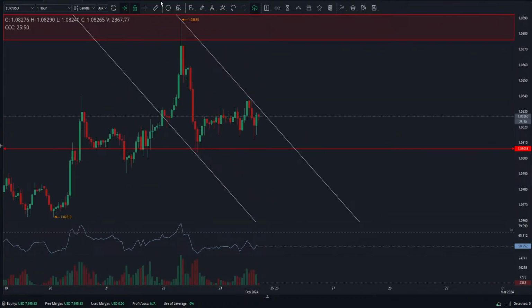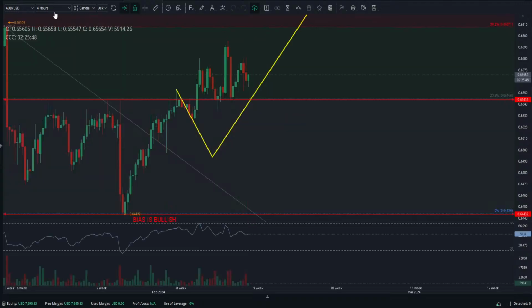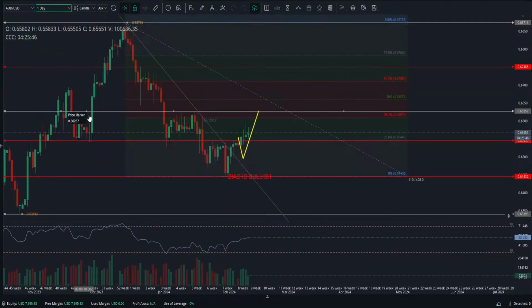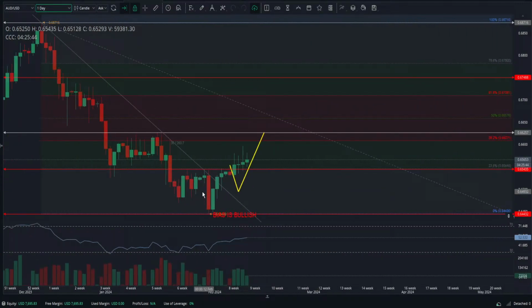Anyways, talking about the Australian dollar here. In the Australian dollar also, the price is rising above 0.6543. It is expected to rise. The 0.6543 area may be seen as a buying opportunity in case the price drops to this level. One can buy this with the target of 0.6625.